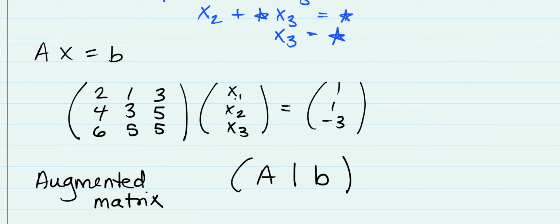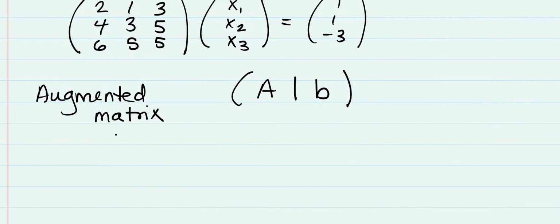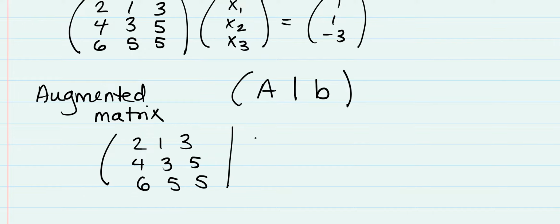They're just going to be left alone, so we don't have to really worry about that. You'll see in just a second. So let's create the augmented matrix. 2, 1, 3, 4, 3, 5, 6, 5, 5, and then 1, 1, negative 3.